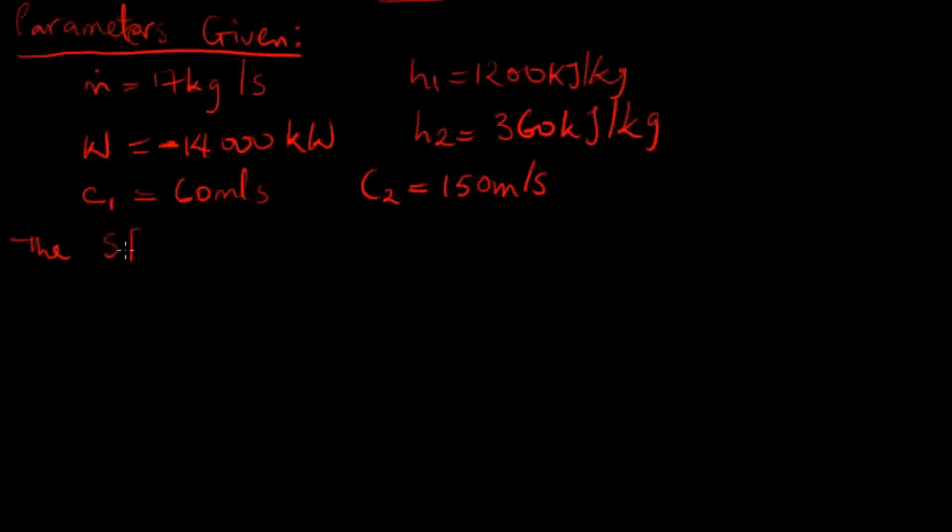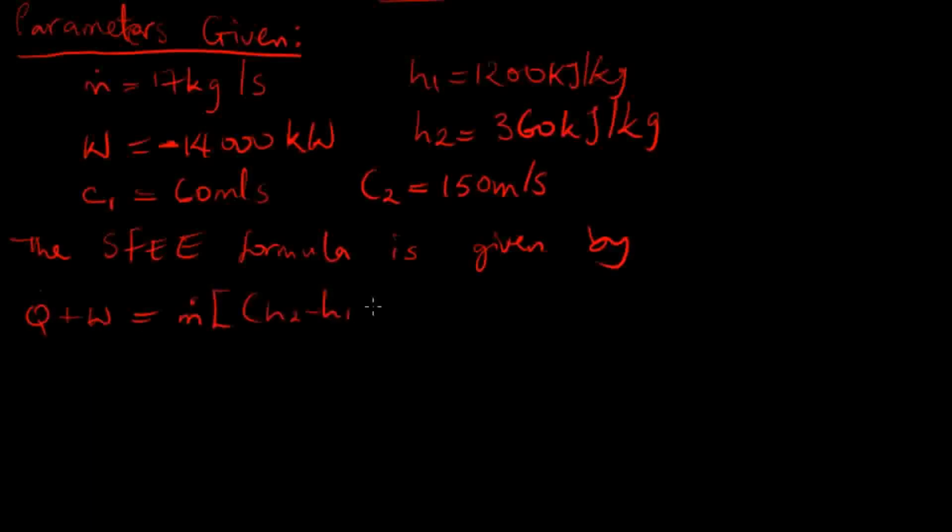The SFEE formula is given by Q plus W equals mass flow rate times the change in the specific enthalpies, plus the change in kinetic energy, plus change in potential energy.